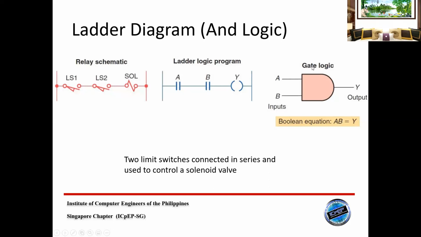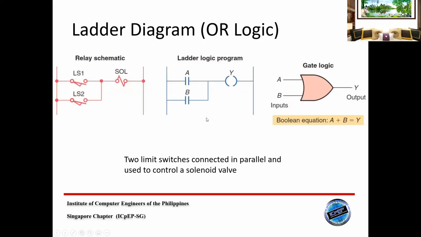It is equivalent to a logic gate, A and B. Y will be on if A and B are satisfied. This is the equivalent ladder logic, and this one is the logic gate. Remember, we will only focus on the ladder logic.